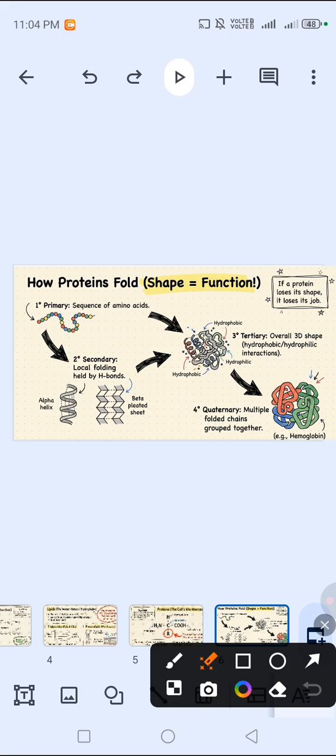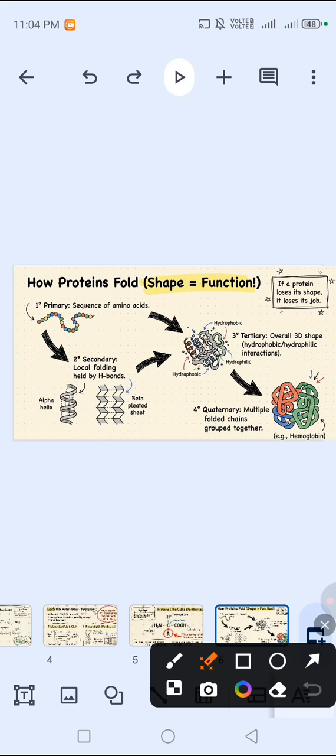So moving to the tertiary structure or 3D, we call it 3 degree. The overall 3D shape is basically formed by hydrophobic and hydrophilic interactions. There are a lot of different types of interactions found in the tertiary structure.